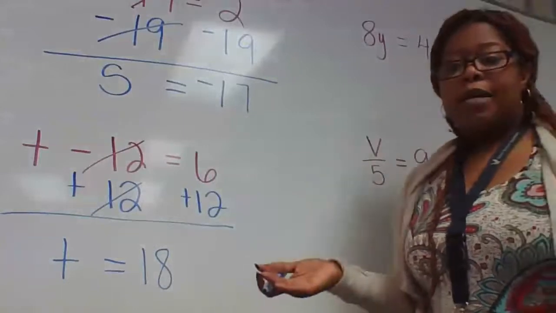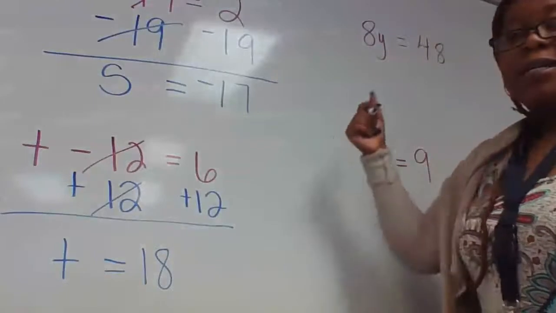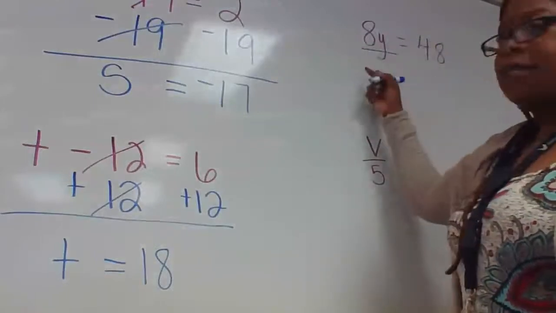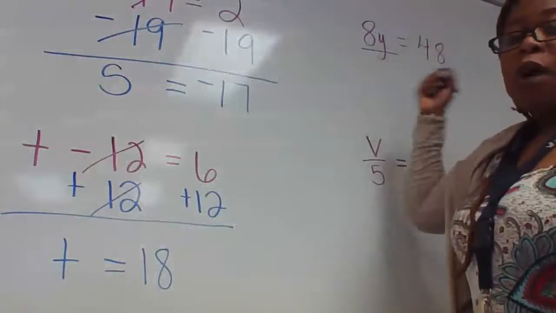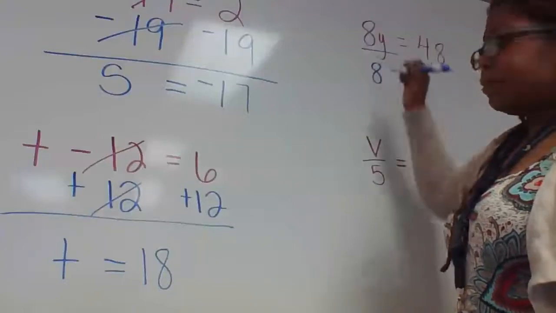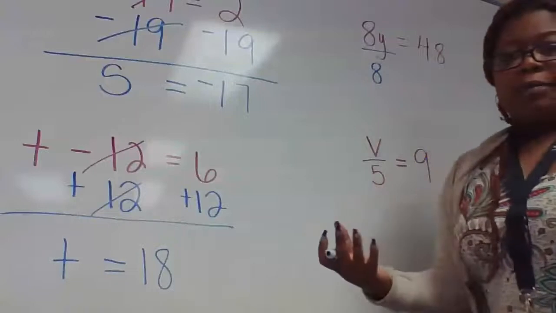Well, Ms. Ramey, what do I divide by? I'm glad you asked. You divide by the number that is connected to the variable. So in this case, 8 is connected to the variable y, and we want y by itself, so we're going to divide by 8. Okay? Remember, same rules.